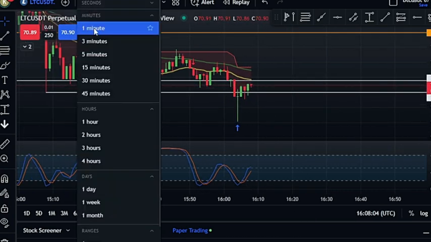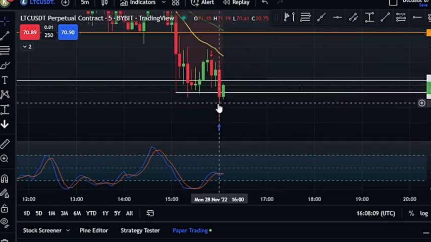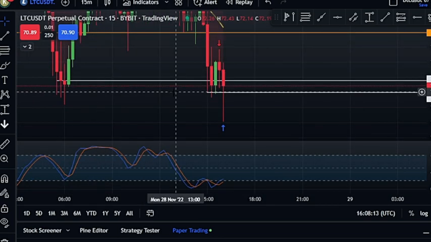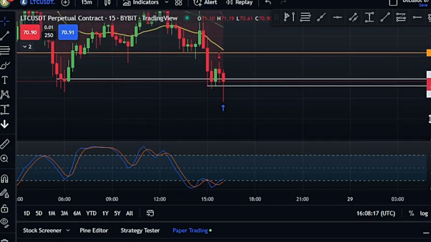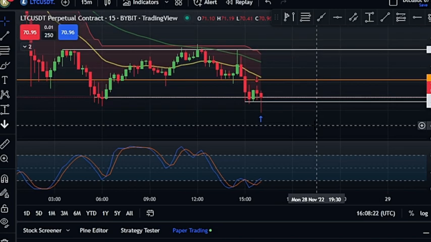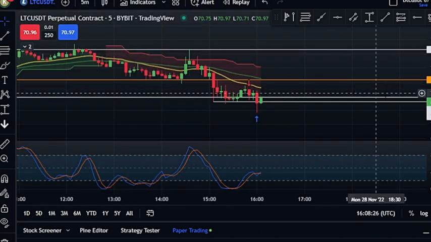Let's see how the 5 minute looks like. So we always look back and see what's happening. So the 5 minute also closed in this week. We want to check also the 15 minutes, and the 15 minutes hasn't closed yet. So we want to wait and see how this is going. So the super trend, everything else on the 15 minute is still bearish. On the 5 minute as well.